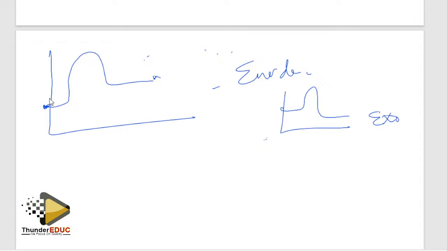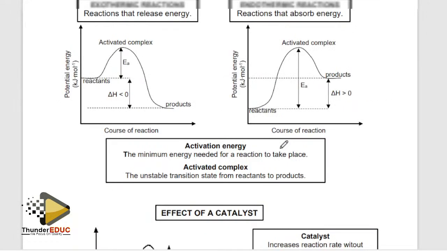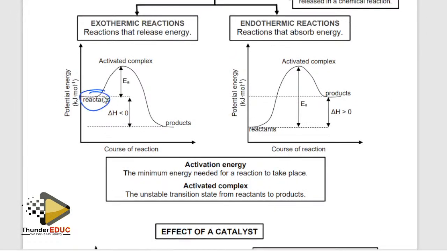Now, if this is A and this is B, let me just use this so that I don't waste time. If this is a reactant and this is the product, from top to bottom is exothermic, from bottom to top is endothermic. They talked about it here. From here to here, how do we call that? This is the activation energy.